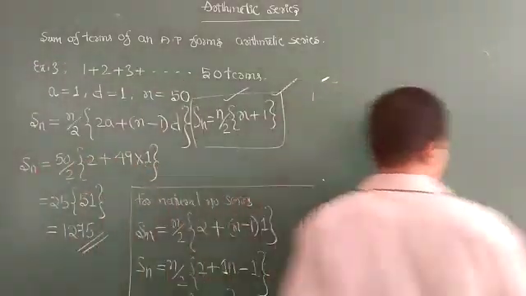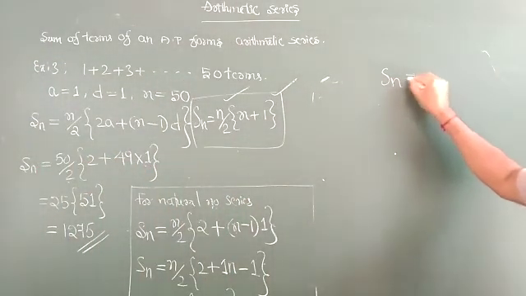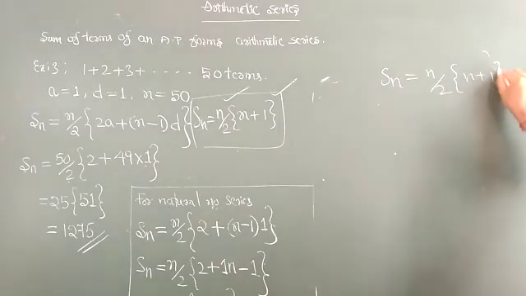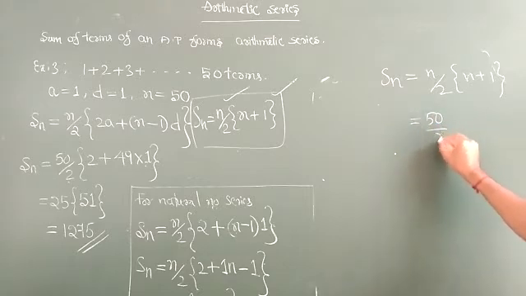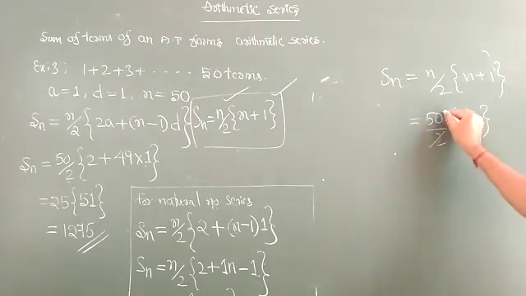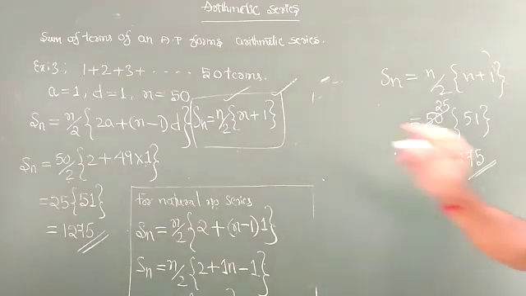Let me use the same thing now, Sn equal to n by 2 into n plus 1. So n is 50 terms, 50 by 2 into 50 plus 1 is 51. Simplify, you have got 1275. I am getting the same answer.